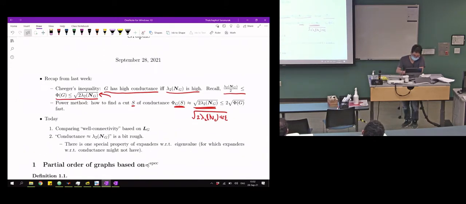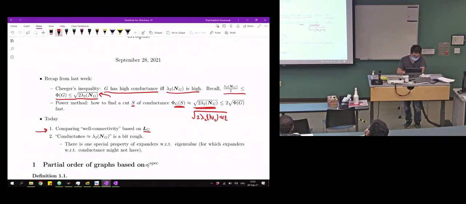So today we're going to continue a bit more on this spectral perspective from eigenvalues. First, I will talk about how to compare graphs based on Laplacian.